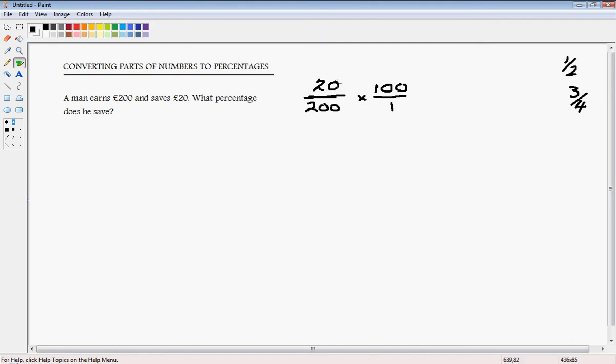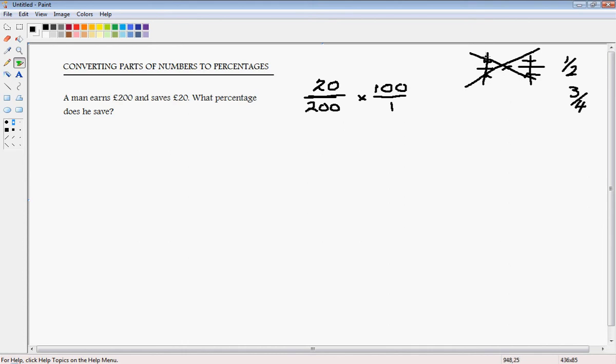Now, we know that when we cancel fractions, we can cancel top to bottom. We can find a number that divides into the top, that divides into the bottom, and we can cancel it. Now, what you may not know is that if we have a fraction, okay, so we have a number here multiplied by a number here over a number here, we can cancel this way as we would normally do, but we can also cancel diagonally.